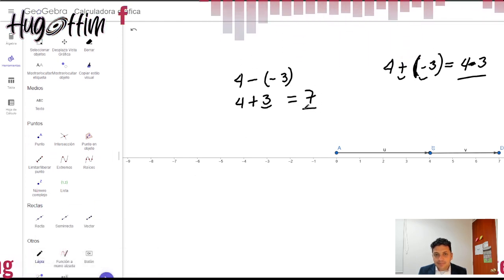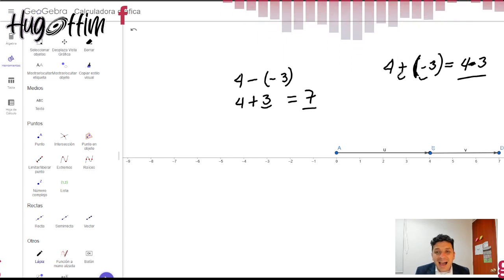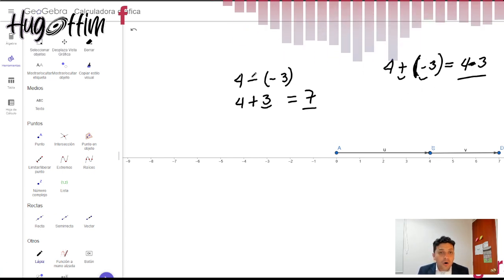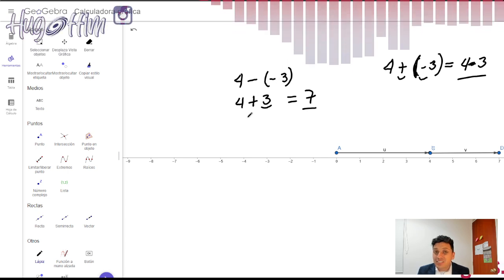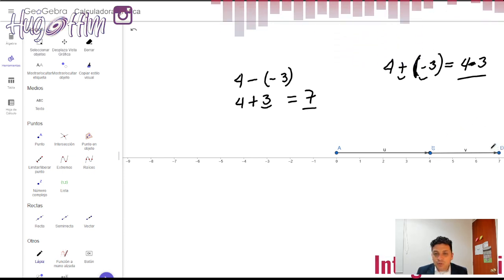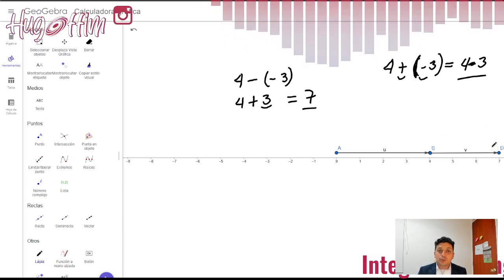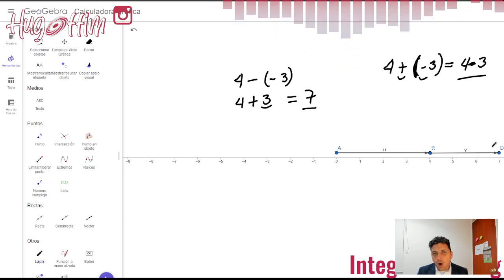7. Okay? So adding the negative is the same as subtracting the positive, or subtracting the negative is the same as adding the positive. So this is why we have 4 and 3. In this case, what we're observing is how subtraction is just adding the opposite number.